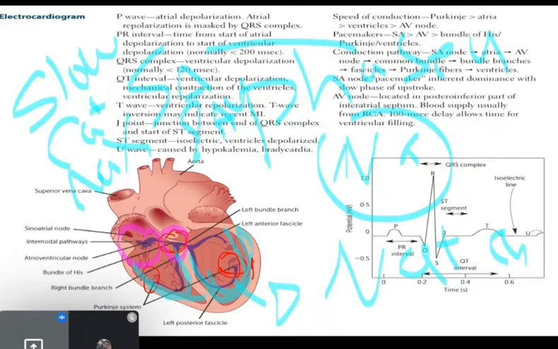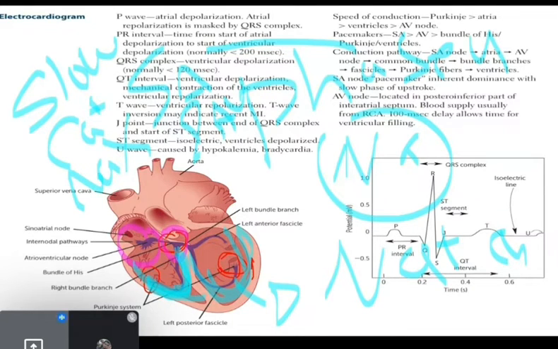So, of course, the last phase of the SA and AV node, which is phase 4, will be the first phase of the ventricular contraction, or the ventricular action potential, which is the transmission of the signal.